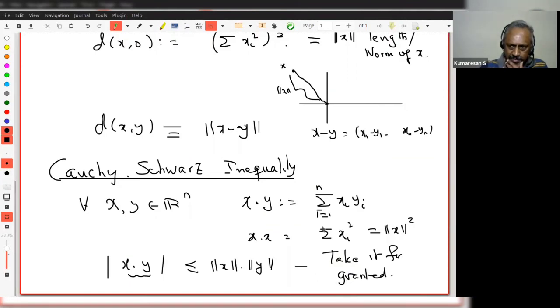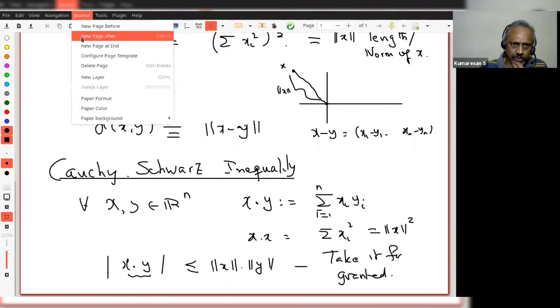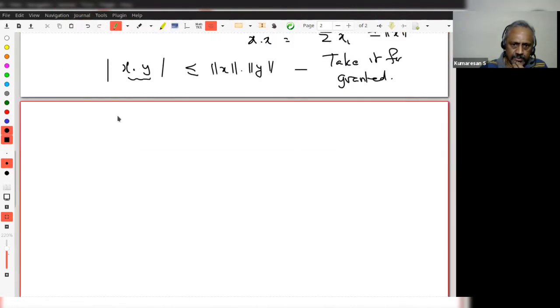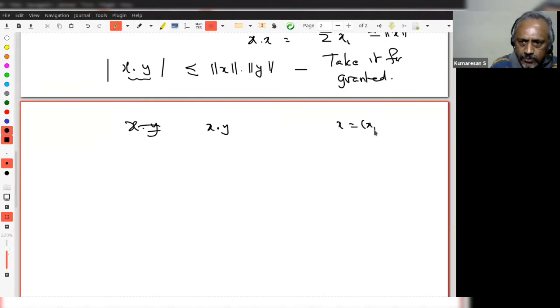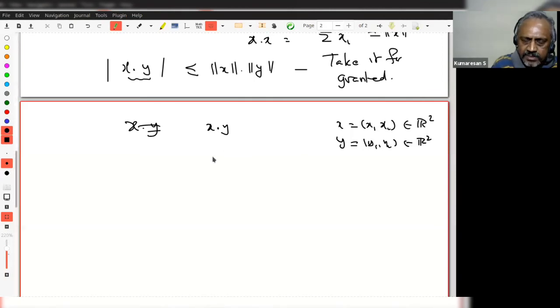Is the statement clear? This is what you must have seen in your R2. You might have seen x dot y, where x equal to x1, x2 and y equal to y1, y2 in R2. This is nothing other than the length of x, the length of y, and cos theta, where theta is the angle between these two vectors.